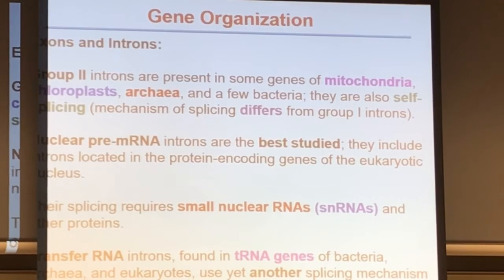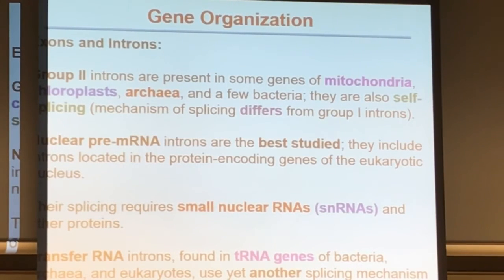Understand? So both group 1 and group 2 introns can basically splice themselves out from the messenger RNA. Group 1 introns are found in eukaryotes and some bacteriophages, but group 2 introns are found in mitochondria and chloroplasts.